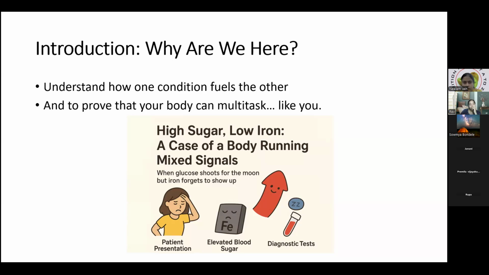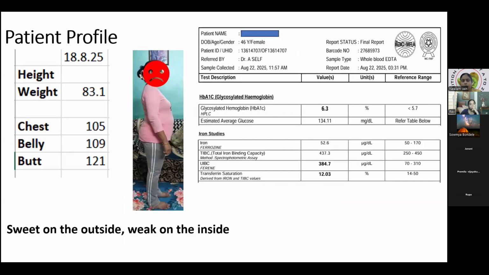Okay, so I would directly go to the profile. She's a 46-year-old female, height 5 feet. When she came to me first, her weight was 83 kgs. These are the measurements: the chest was 105, 109 was the belly, and 121 was the butt size.